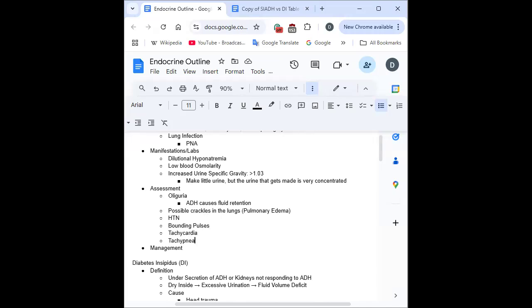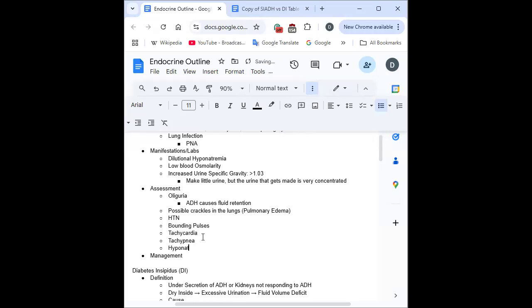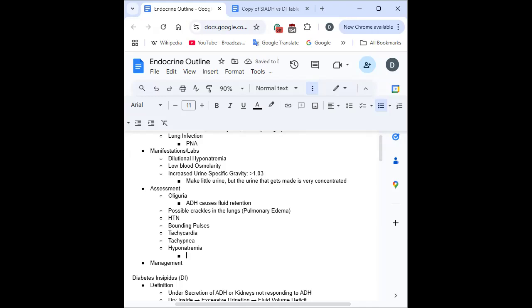Those are your big signs of the changes here. Your hyponatremia is going to be one of your big ones, so we can talk about some signs and symptoms of hyponatremia. What do you guys know about it? Are other electrolytes diluted? The main thing to note is that most electrolytes are found inside of the cell. In terms of bioavailability, the fluids don't impact the other electrolytes as much as they do salt, which is mostly in the blood as opposed to inside the cell.